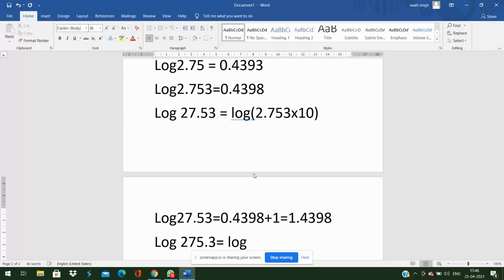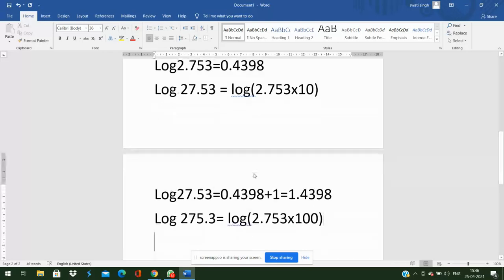Now it will be log under bracket 2.753 multiplied by, since we divided it by 100, so multiplied by 100. Now again it is log A into B, and this is 100, so 10 square, and 2.753, as I told, is 0.4398.